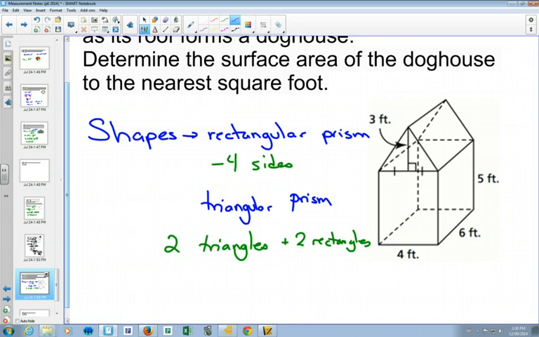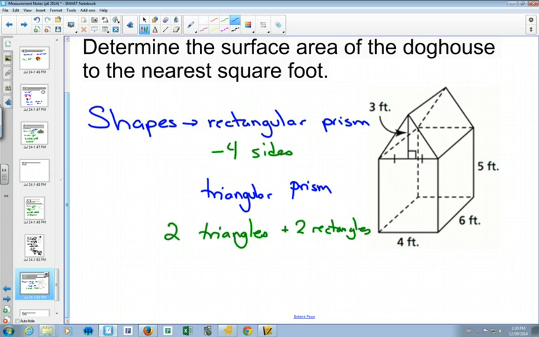So now that I figured out all the shapes, I'm going to write out my surface area. But instead of writing out formulas like length times width over and over again, there's going to be a little problem with that because my lengths and widths aren't always the same. If you make an algebraic equation and you choose L for one variable, then every time you use that L, it has to stay the same number. But on some of our rectangles, our lengths and widths are going to change.